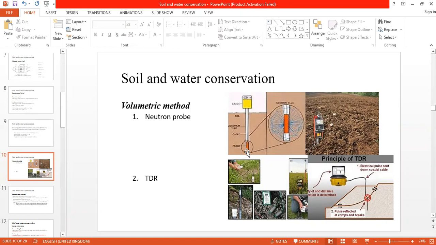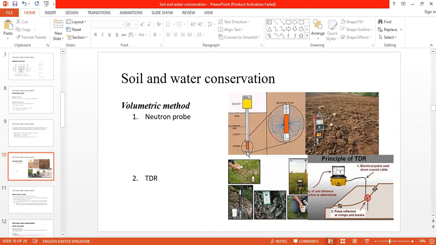As they are being emitted, they go out at a higher speed, but if there's a lot of water, their speed will be reduced.